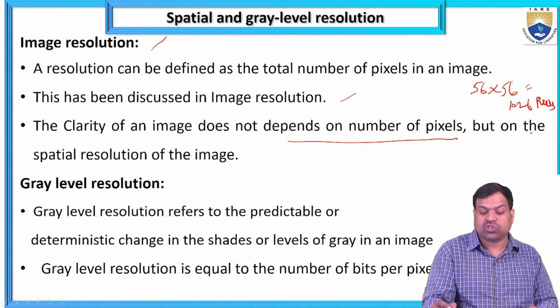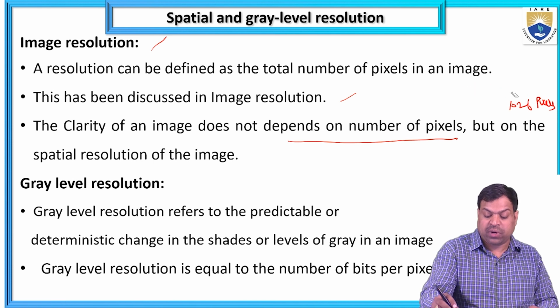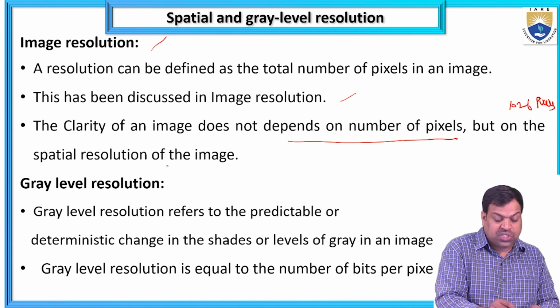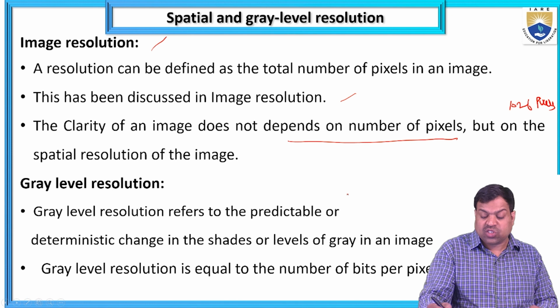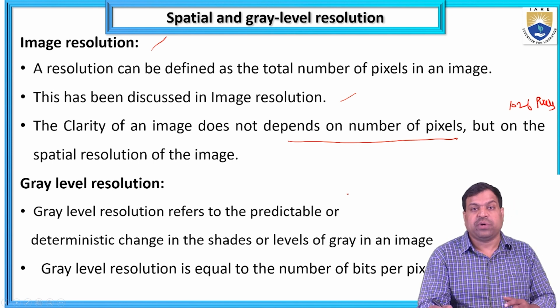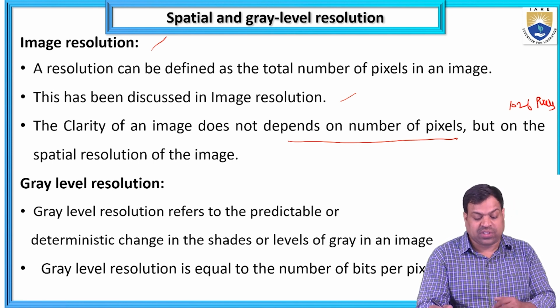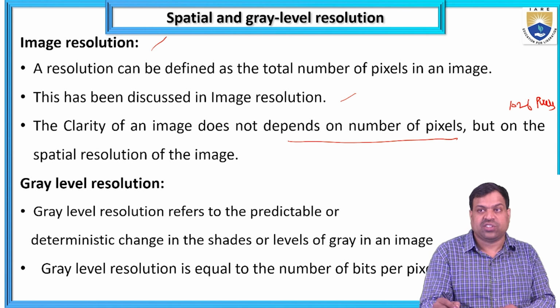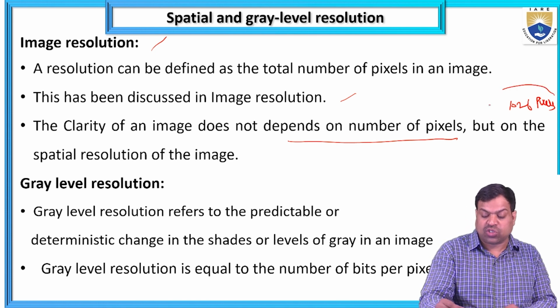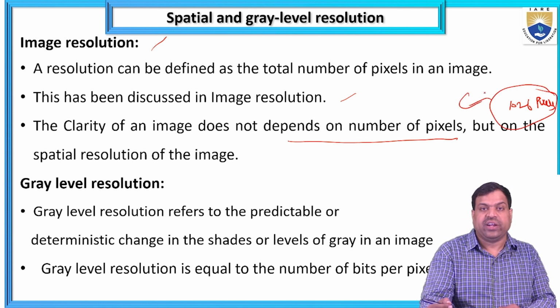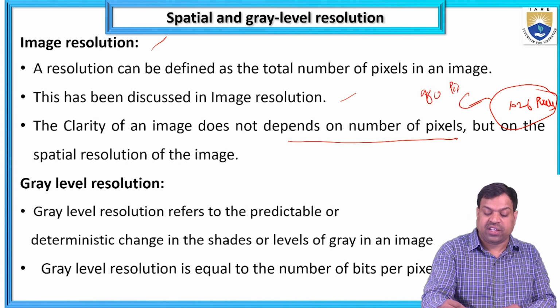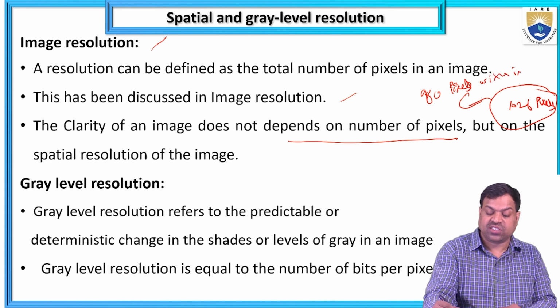Here 1026 pixels are there, but it depends on the spatial resolution of the image. So spatial resolution does not depend on the total number of pixels or the total number of intensity values. In these 1026 values, how many intensity values am I applying? Suppose I am taking 980 values, 980 pixels with intensity.